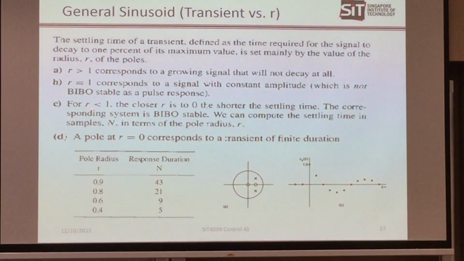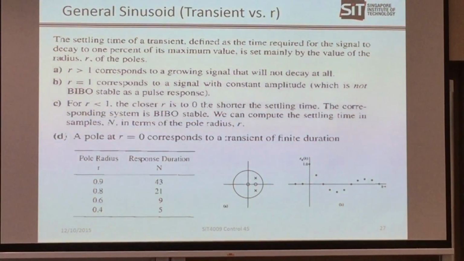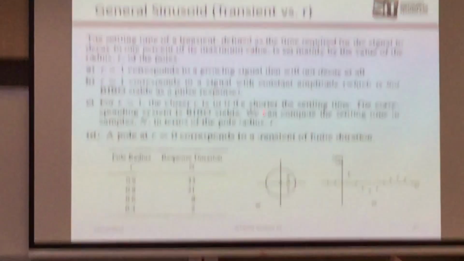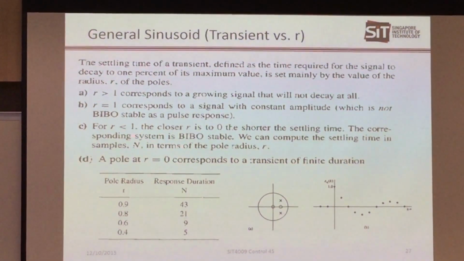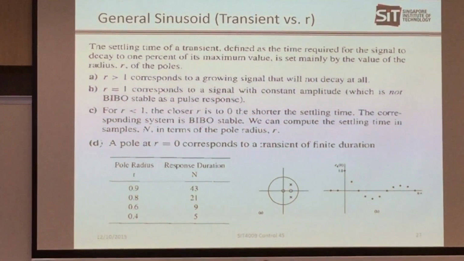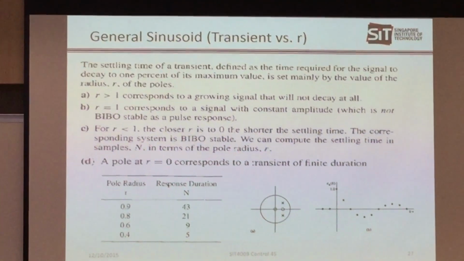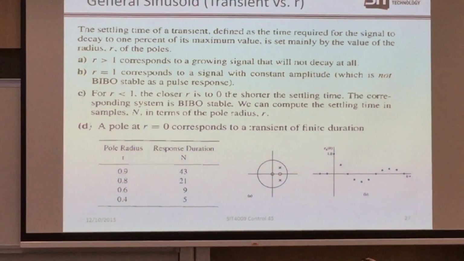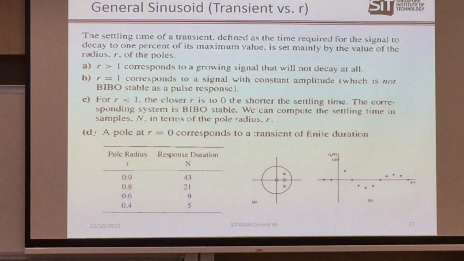And for R less than 1, okay? The response system is BIBO stable, and we can compute the settling time in samples. You can compute how fast the settling time is by the sampling, how many samples you need, independent of the angle.